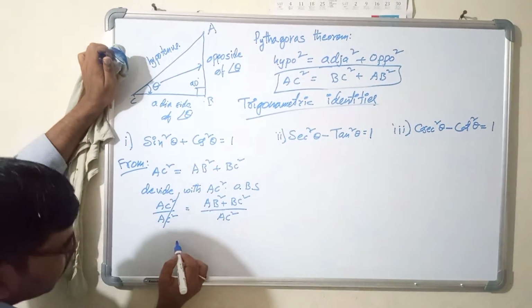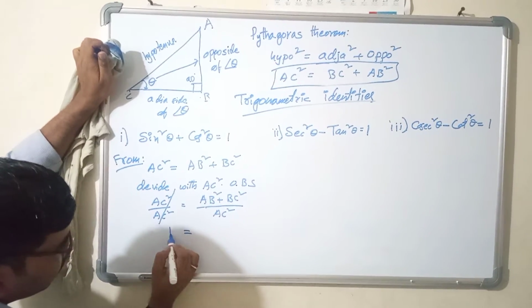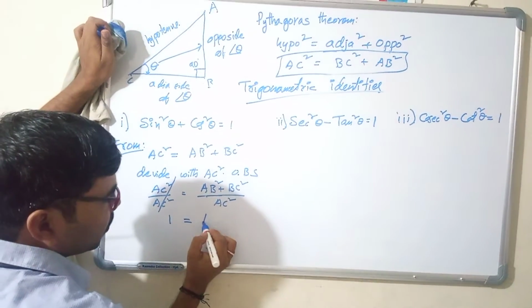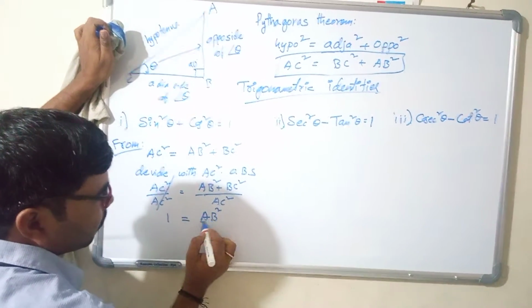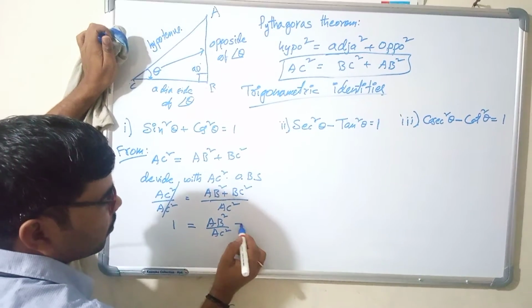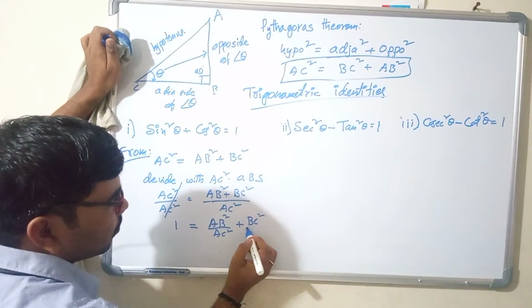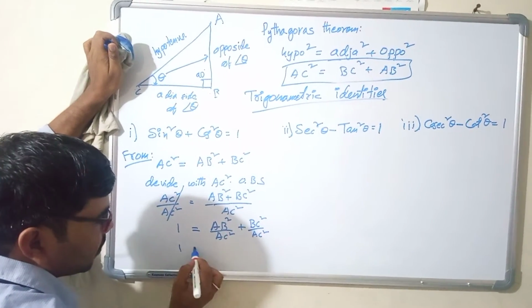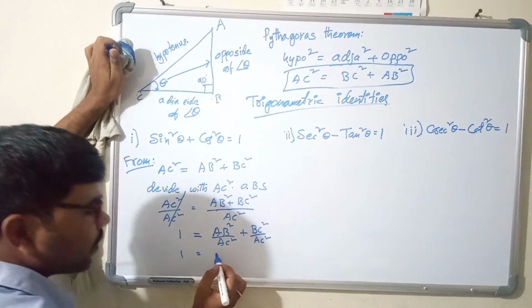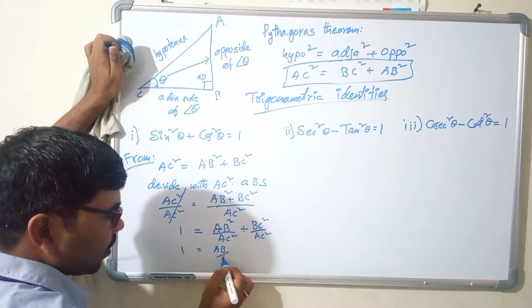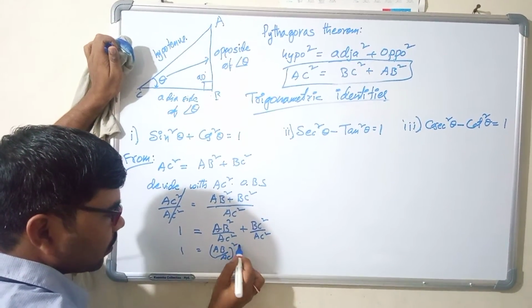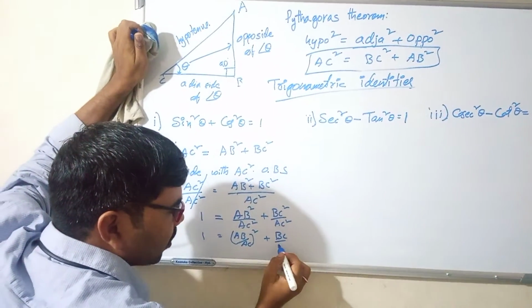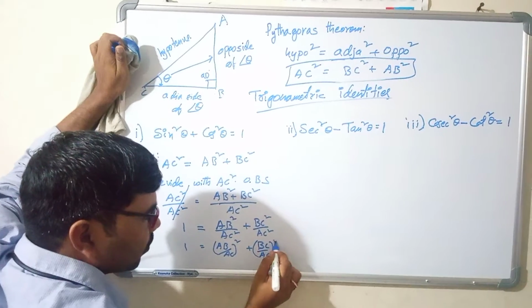Here AC square gets cancelled. That equal to remaining 1. Next, here two fractions are there. If we split these two, that is AB square by AC square plus BC square by AC square. Here 1 is equal to AB by AC whole square plus BC by AC whole square.